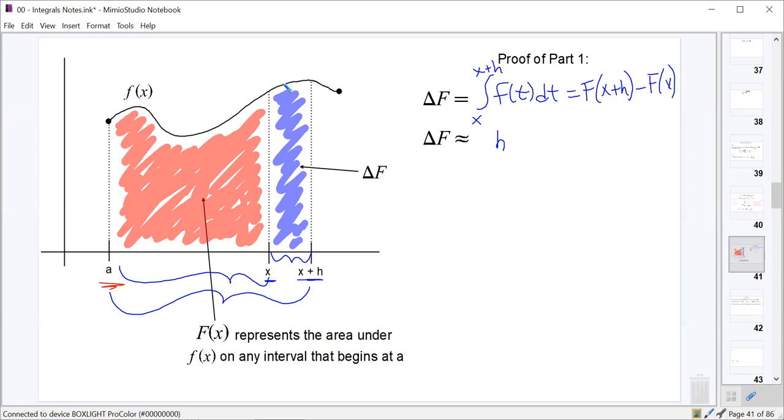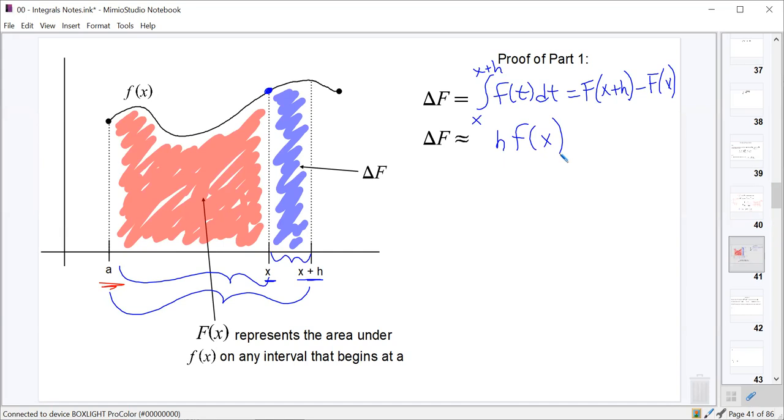To give us that rectangle, we'll just stick with this first value right here. We could use any arbitrary value here and still make this work, but picking the first value at x is going to make this just a little bit easier for us. So we've got delta capital F approximately equal to h times little f of x.